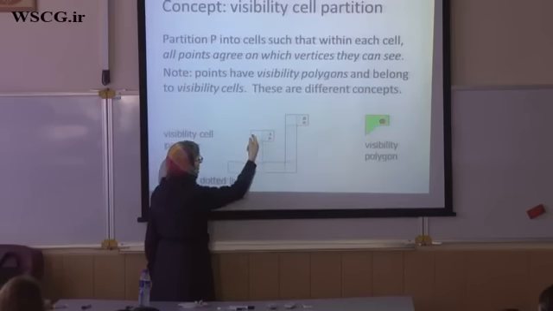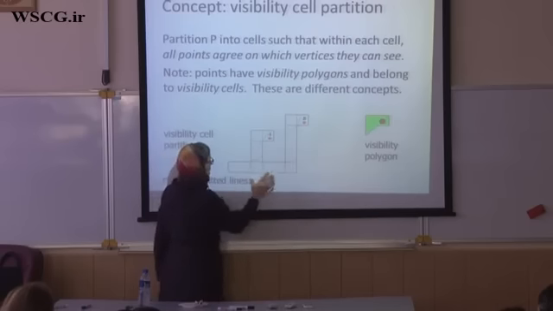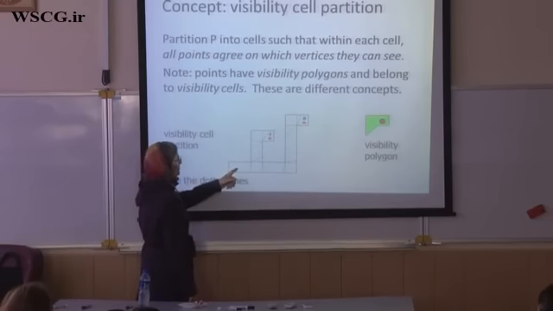Oh, and also the extensions of lines. So if I cross this, now I can see this point, and so forth. So what's this coming from? Well, this vertex and this vertex. If I cross here, now I can see in the corner. But if I'm above this, I can't see the corner. So basically, that's the way you generate the partition into visibility cells.